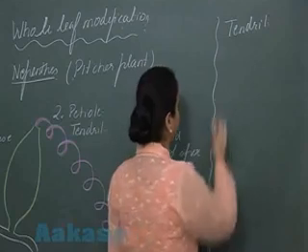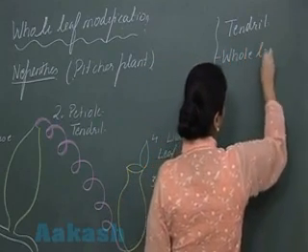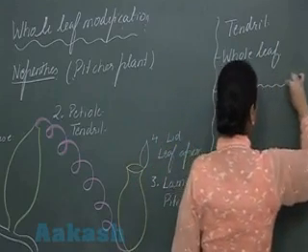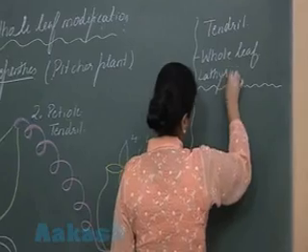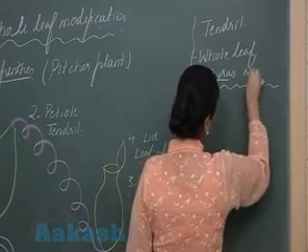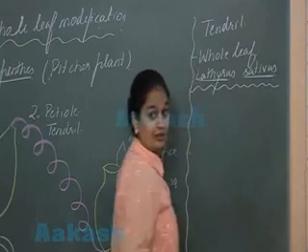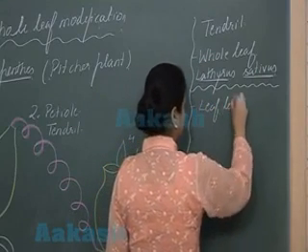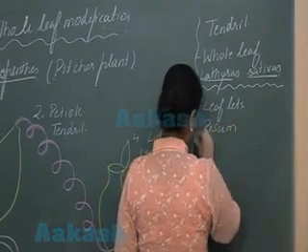Now another example, the whole leaf can be converted into the tendril and this is seen in Lathyrus sativus. The entire leaf is converted into tendril. Next one. Now the leaflets are converted into the tendril. This is in Pisum.